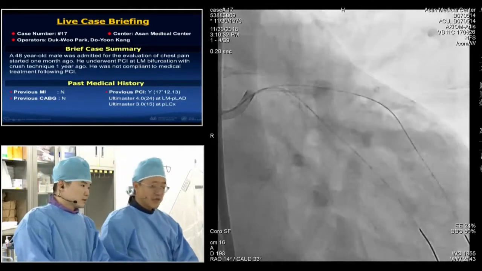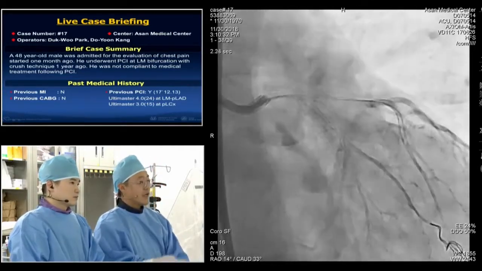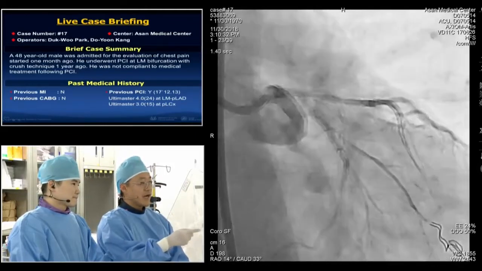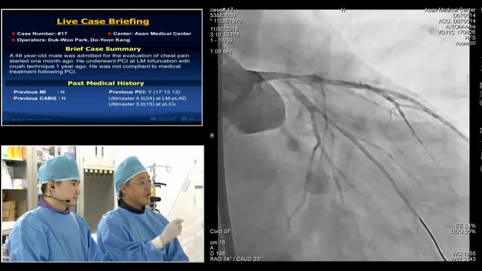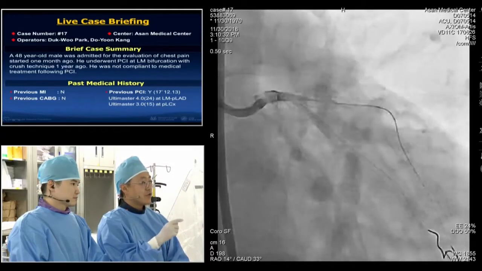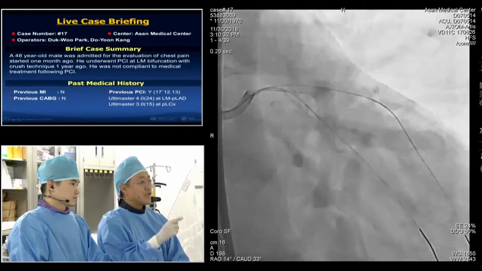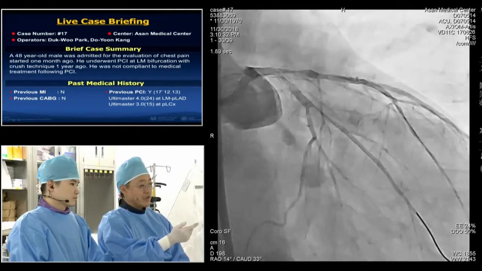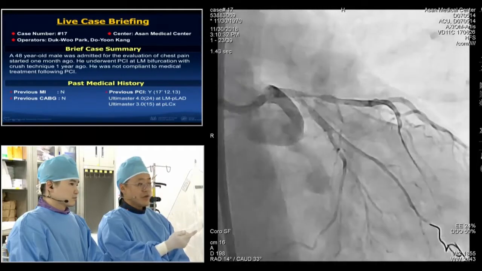So the recurrent chest pain. This is the initial baseline view, and looking at the RAO caudal view there is very tight stenosis at the circumflex ostium, and also very tight stenosis at the LAD ostium, and the distal main also shows some neointimal hyperplasia.